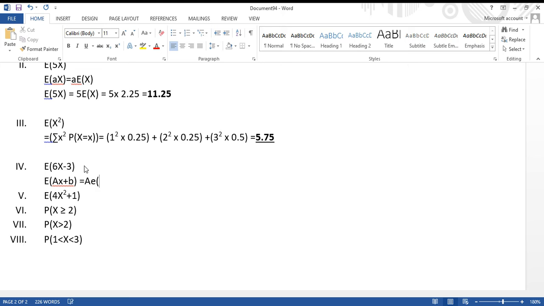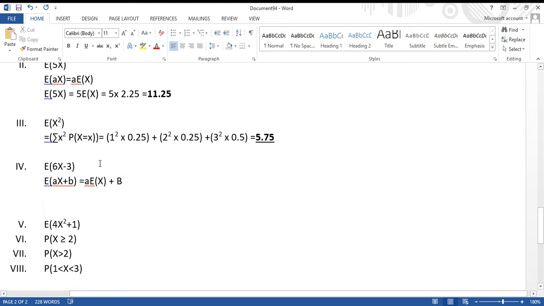Again, we're just trying to isolate the expected value. In this case, our a is 6, our b is minus 3. So that's what we're going to do.